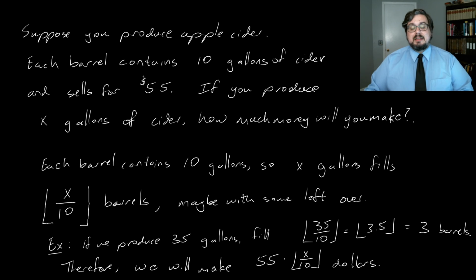Because $55 is how much each barrel sells for, and if we're producing the floor of X over 10 barrels, we will make 55 times the floor of X over 10 dollars. This is a type of situation that we might want to use the floor function in. Now let's look at the graph of the floor function.